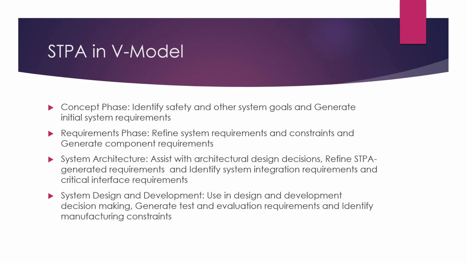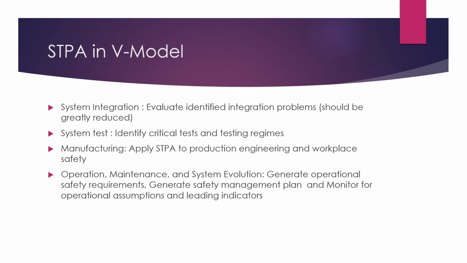During this phase, we will come to know what requirements will go to software, what requirements will go to hardware, and what requirements will go to manufacturing. What the constraints regarding manufacturing or any other things are, we will get to know here itself.